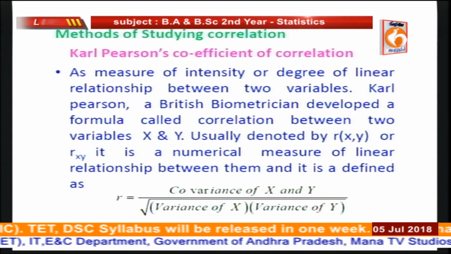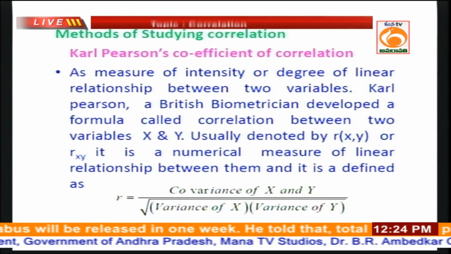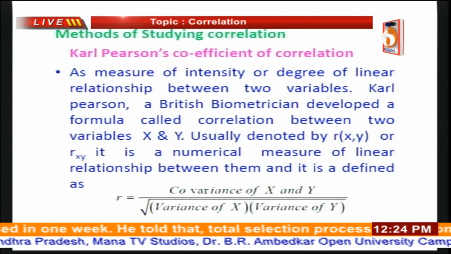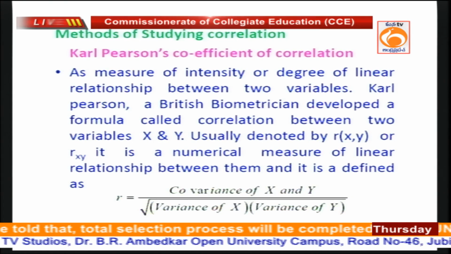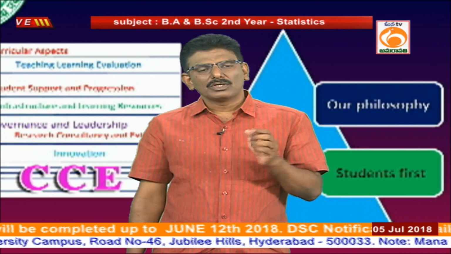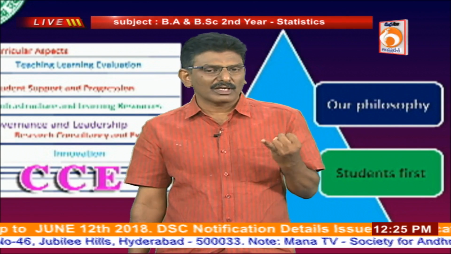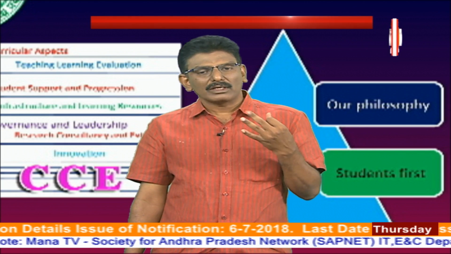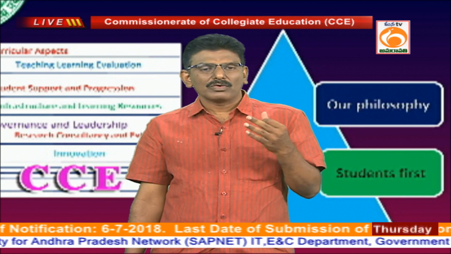In correlation analysis, the first topic is methods of studying correlation. For BA and BSc students, to measure correlation we use some techniques: the graphical method, mathematical techniques, a rank based method, and a sign based method.